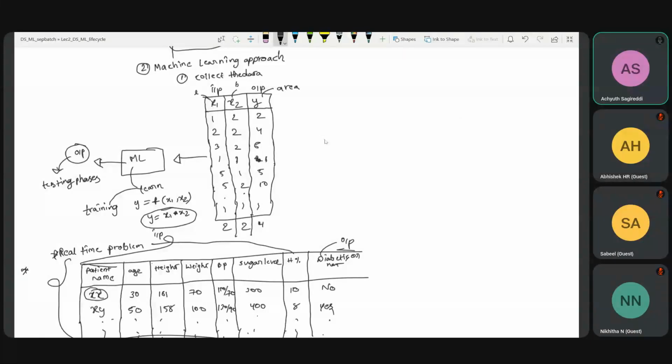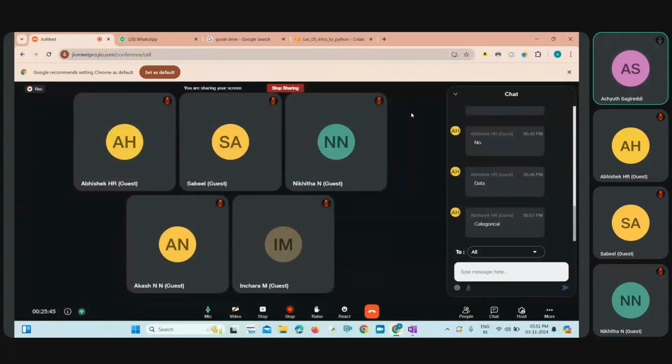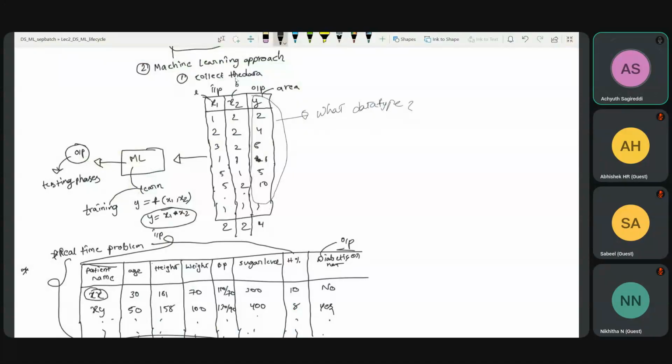So tell me, this is the output. We have seen another example. What data type is this? Tell me, guys. I hope this is finding the area of a rectangle, where area is the output variable, and length and breadth are input variables.